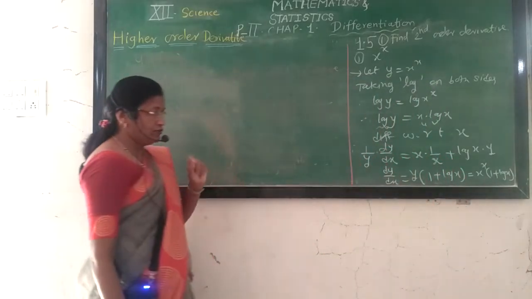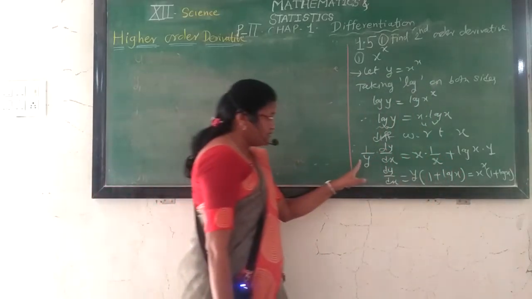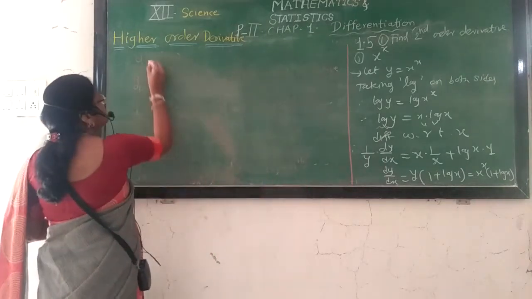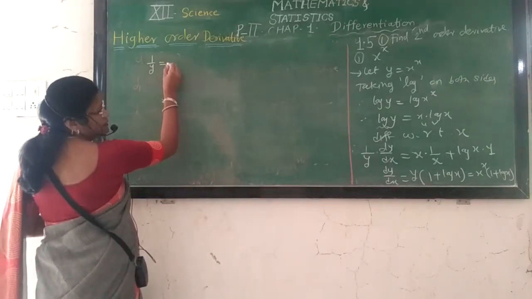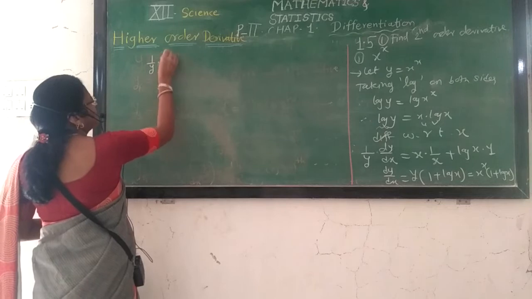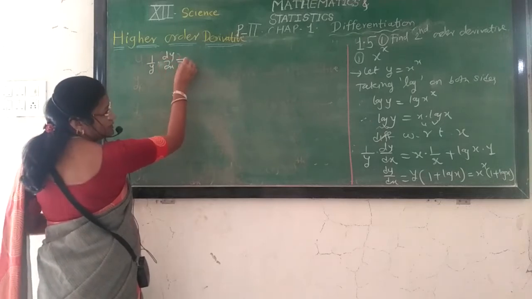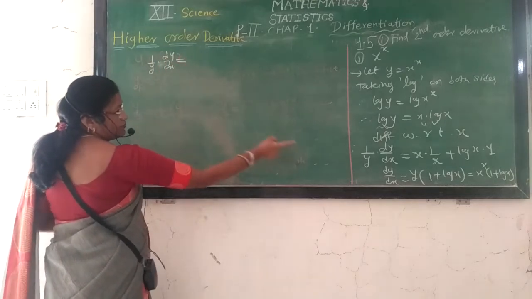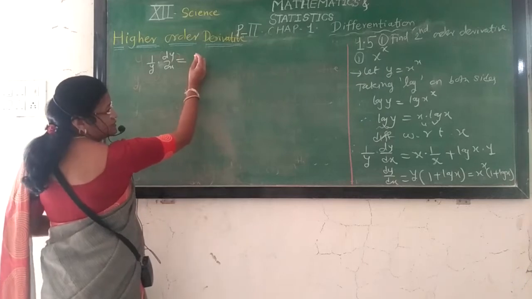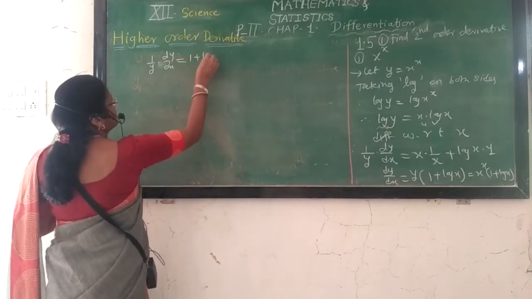You may use any method to differentiate this. We take 1 upon y into dy by dx is equal to 1 plus log x, from the second last step.